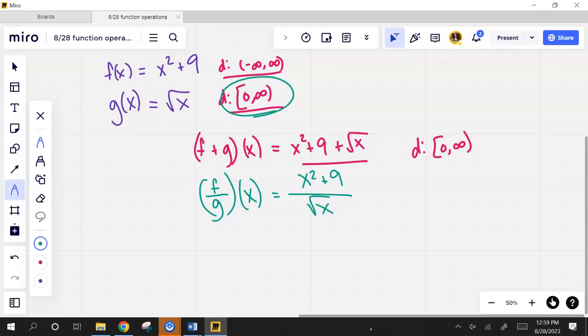It can't be 0. You're exactly right. So if it can't be 0, how do I say that in my domain? Not including 0, so I do a parenthesis. I just can't have the bottom be 0. All the other domains hold true.